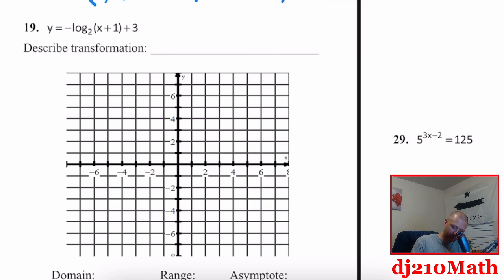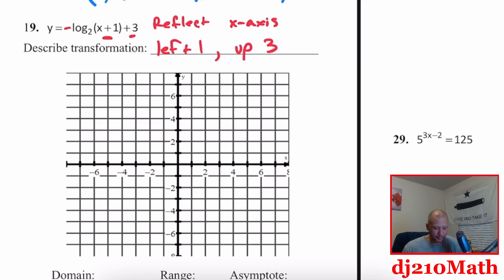Okay, one more, actually a lot more. All right, we're going to reflect across the x-axis. I'm not going to write it. We're going to move to the left 1 and then up 3. Left 1, up 3. So always start with the parent function points. Reflect them.